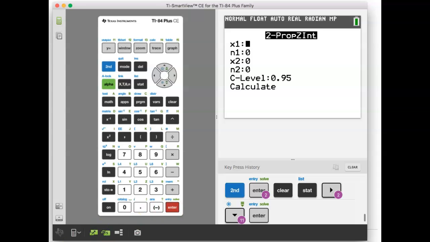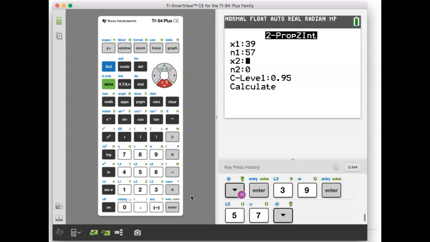So X1 is going to be 39 and N1 is going to be 57. So 39 out of 57 in our treatment group reported reduced back pain. And then X2 is 43. And N2 is 55, so 43 out of 55 reported reduced back pain in the placebo group.